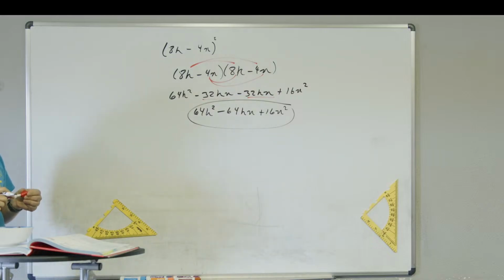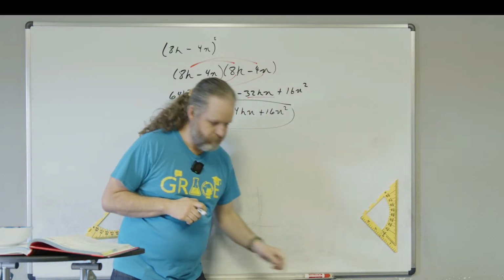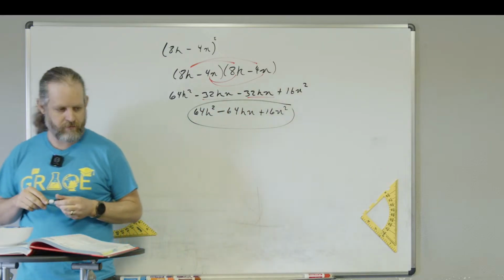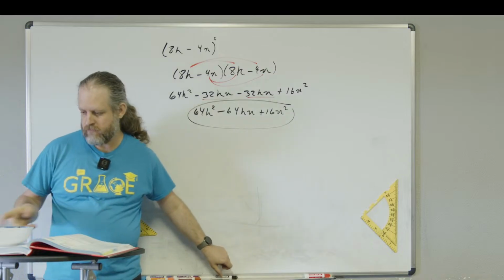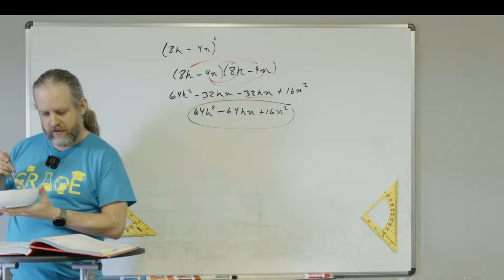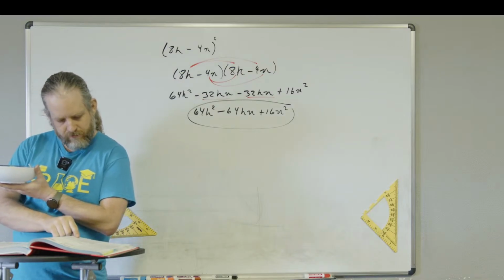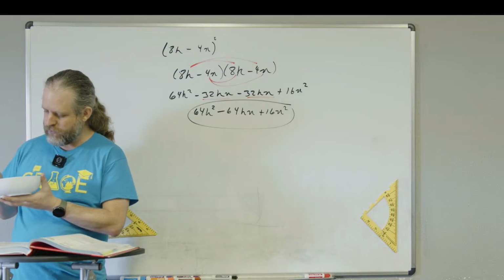What else? What was number 30 again? 30 was 100x squared minus 4.